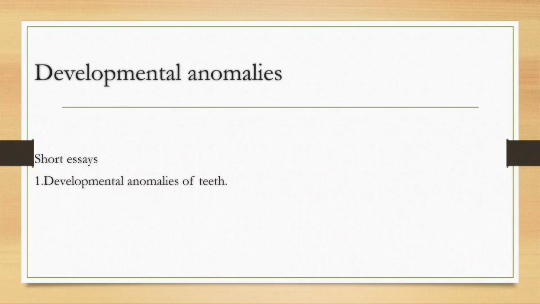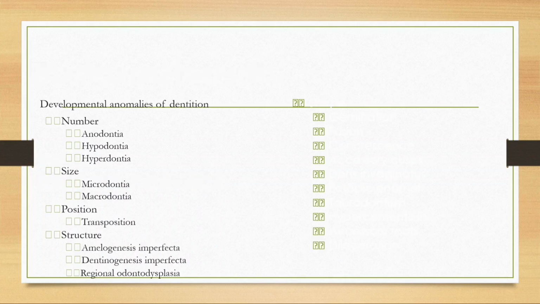Next, we have the developmental anomalies, that is anomalies of teeth. This we have already seen or already studied regarding the number, regarding the shape. Number we have anodontia, hypodontia, micro, macro related to the size, position, structure related to the amelogenesis, dentinogenesis imperfecta, and regional odontodysplasia.